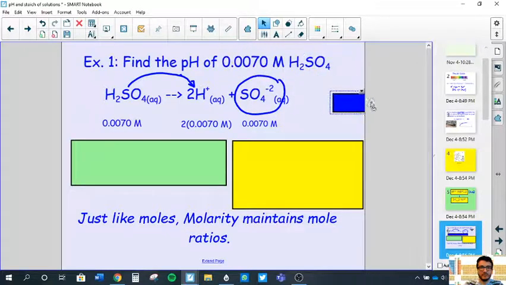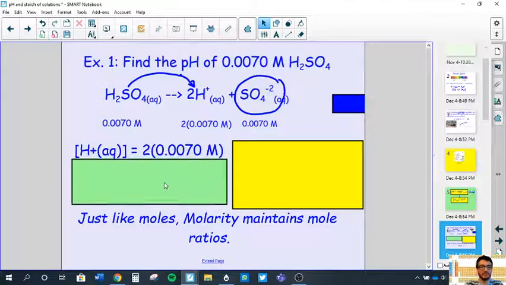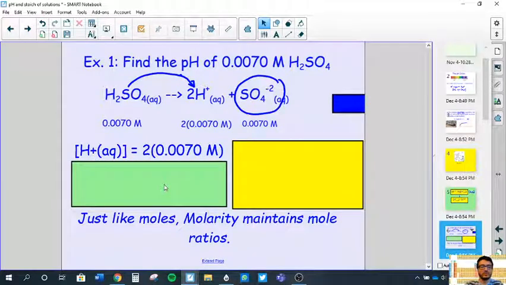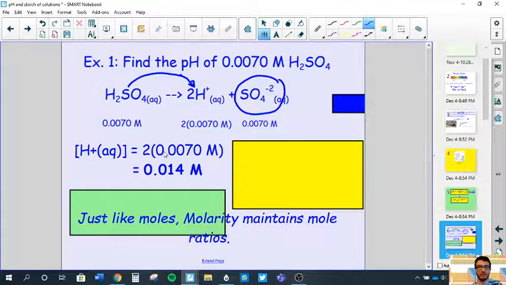I'm just going to move this off to the side. Okay, and I believe I have my work here. So in a 1 to 2 ratio, we're going to multiply this by 2, and we get that. So that's a concentration then of your hydrogen ions.